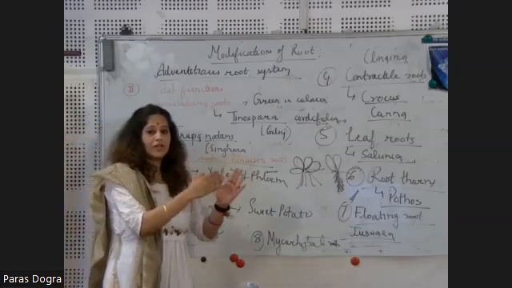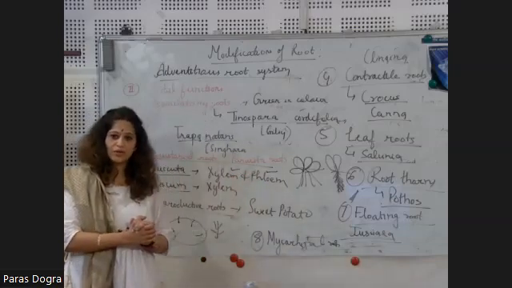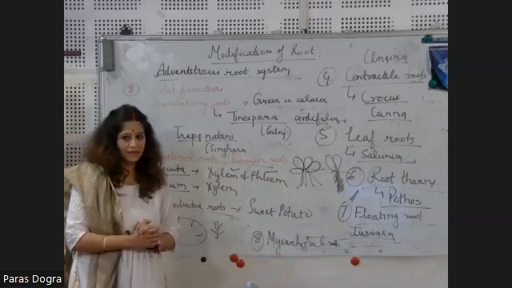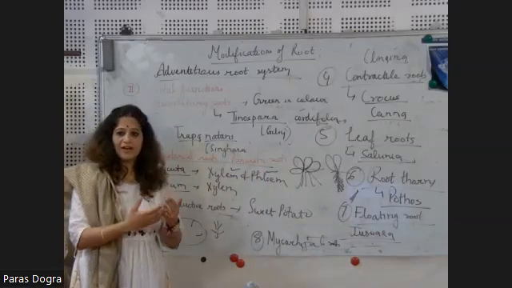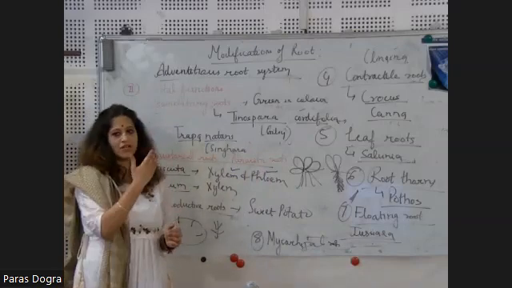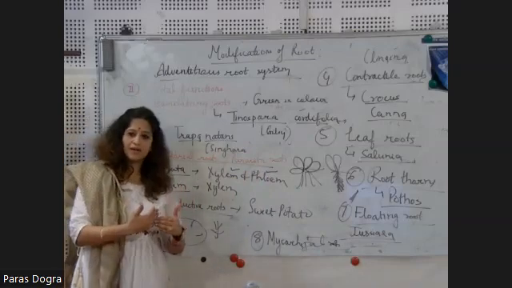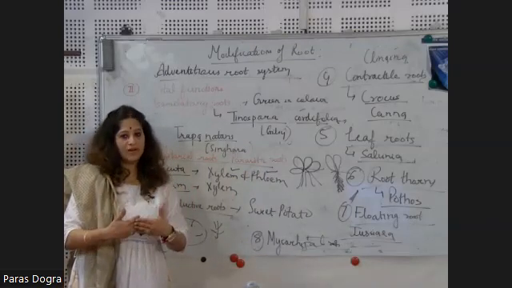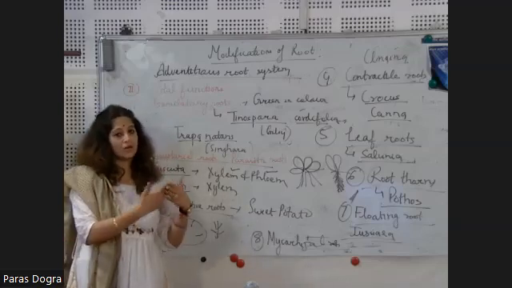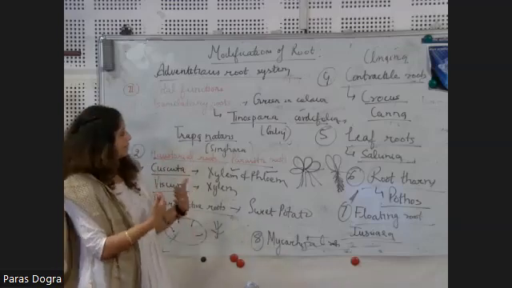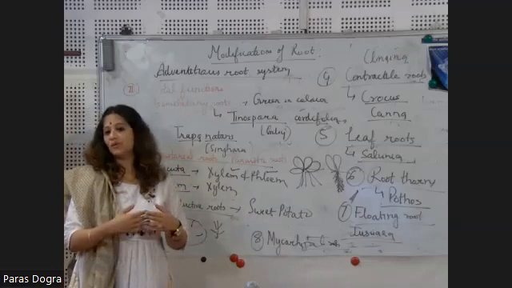Then we shifted to the adventitious root system, where we studied three main categories. The first was roots modified for storage, with many categories. The second was adventitious roots modified for giving additional support to the plant, again with many categories. And the last was adventitious roots performing many vital functions.